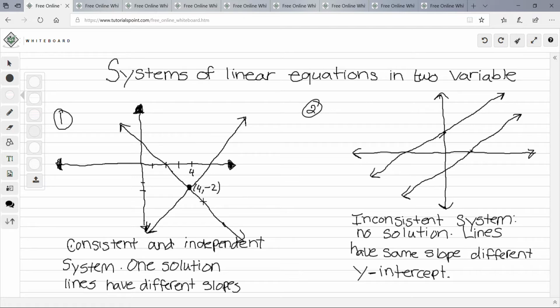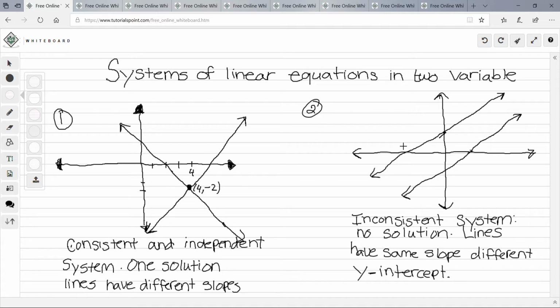They have a solution at (4, -2). So that means it's consistent and independent. It's an independent system with one solution, and basically they have different slopes and different y-intercepts.